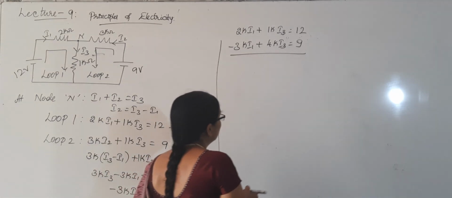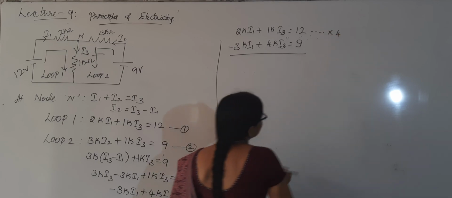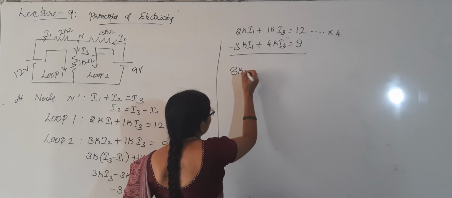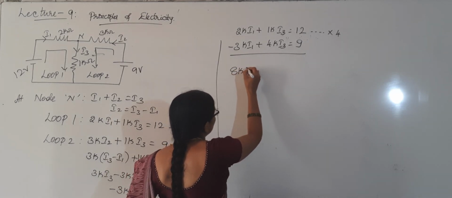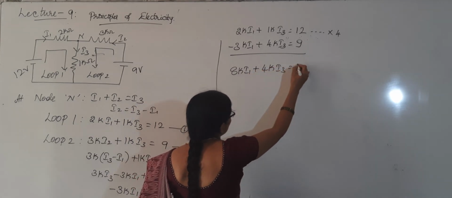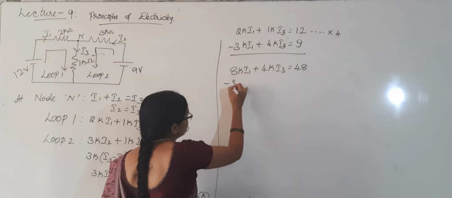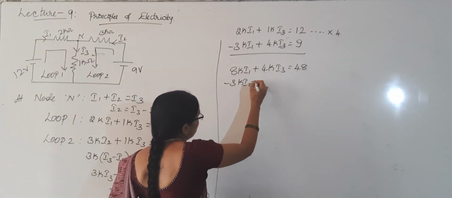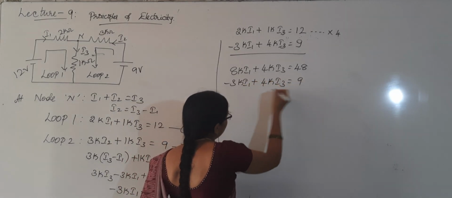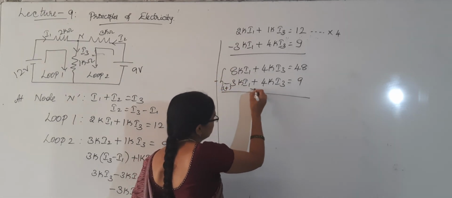I will multiply the first equation by 4, then it will be 8 kilo into I1 plus 4 kilo into I3 is equal to 48. Minus 3 kilo into I1 plus 4 kilo into I3 is equal to 9. I will subtract this, then signs will be changed.